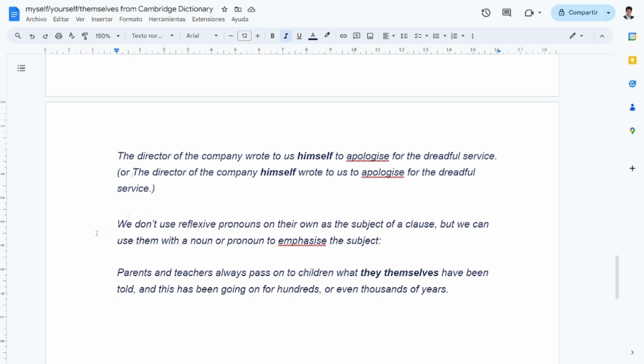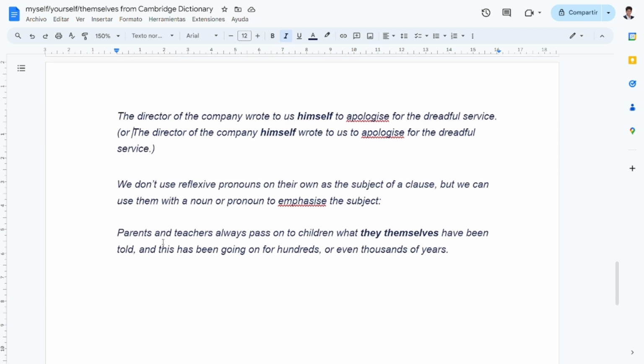We don't use reflexive pronouns on their own as the subject of a clause, but we can use them with a noun or pronoun to emphasize the subject. That's interesting. Check it out. Parents and teachers always pass on to children what they themselves have been told, and this has been going on for hundreds or even thousands of years.